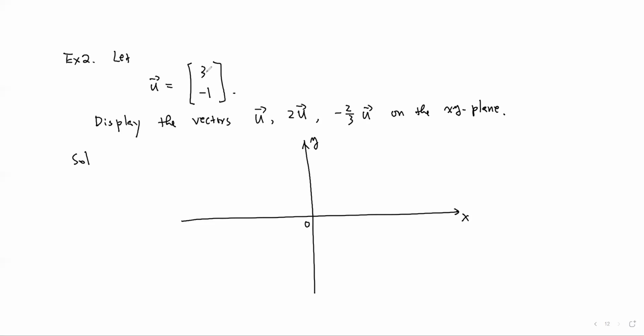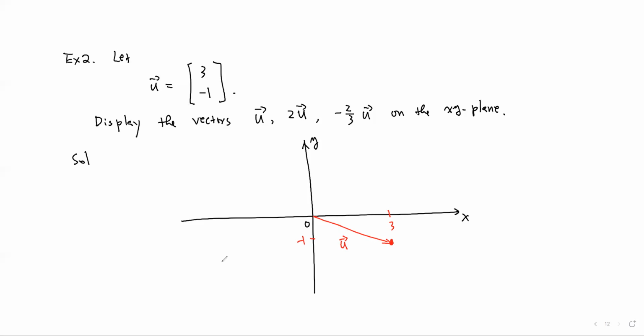The point is (3, -1). 3 here, -1 here. So this point is vector u. Or I use an arrow starting from the origin and ending at this point. This vector. Okay, yeah. This arrow is vector u.